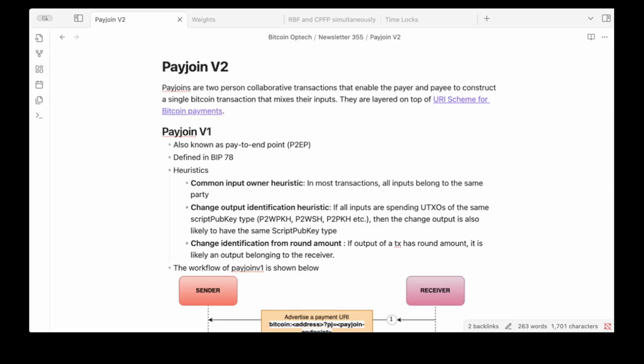So the normal or standard or vanilla way of constructing a transaction is that you have an address of the payee and the payer constructs the transaction to send Bitcoin or sats to the payee. So that is the general way of constructing a transaction, and there is no collaboration or interaction between the payer and the payee, except for the fact that the payee gives his address.